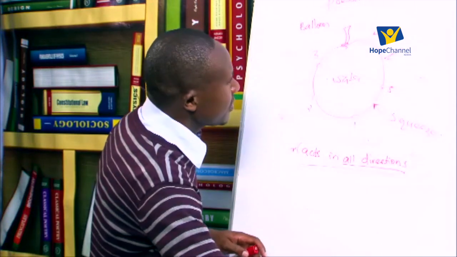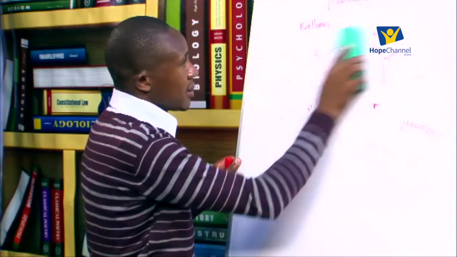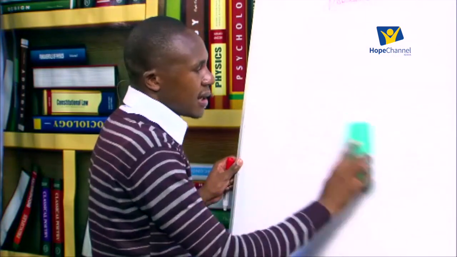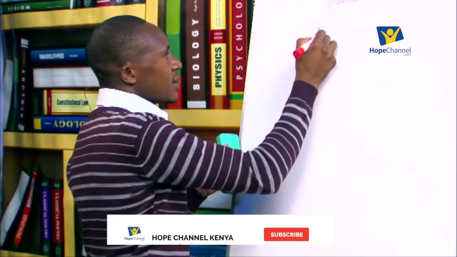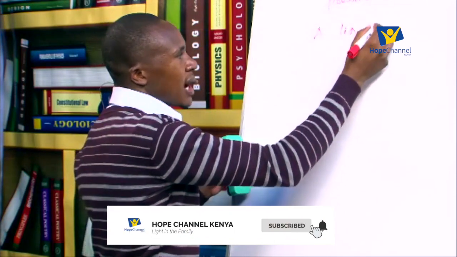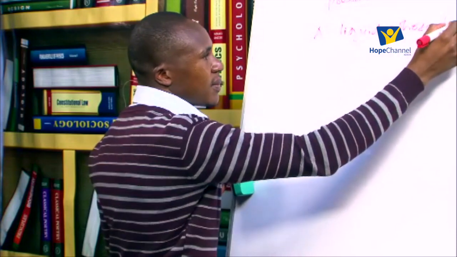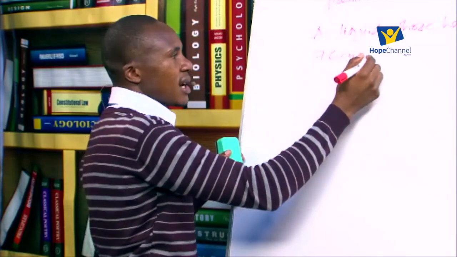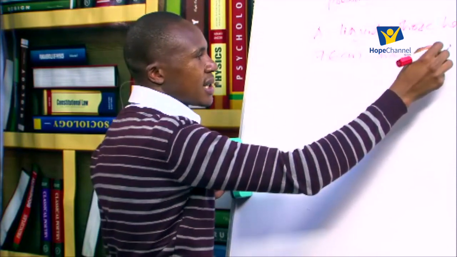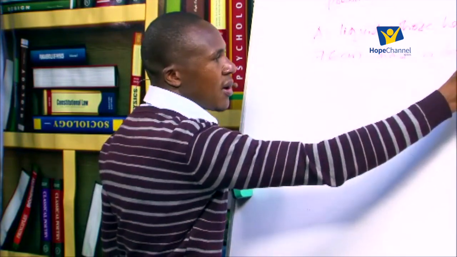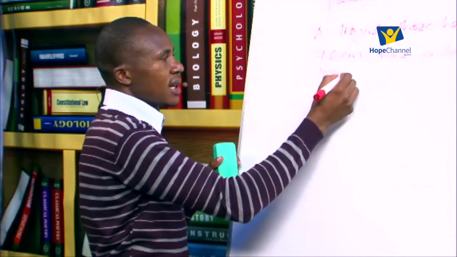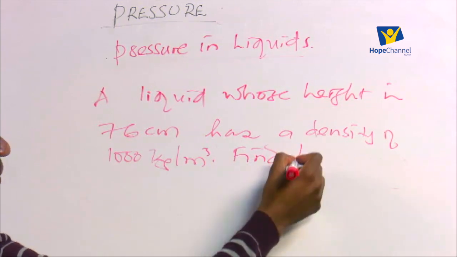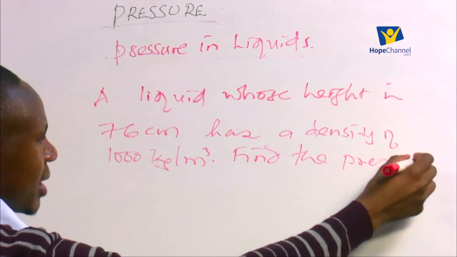Now, example: a liquid whose height is 76 centimeters has a density of 1,000 kgs per cubic meter.